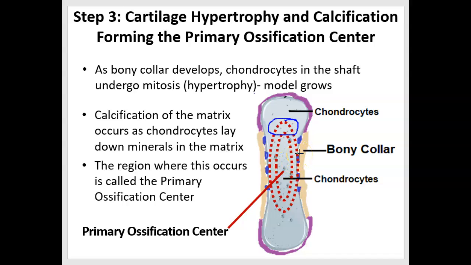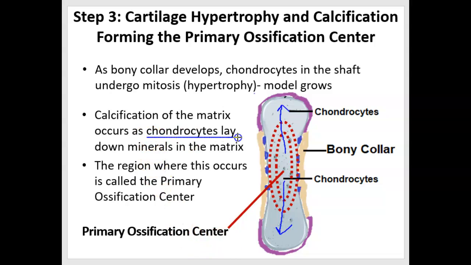So you're getting hypertrophy of tissue, and so you're getting growth of the cartilage model. So the cartilage model starts growing at the primary ossification center. So it's going to grow that way, and it's going to grow that way.